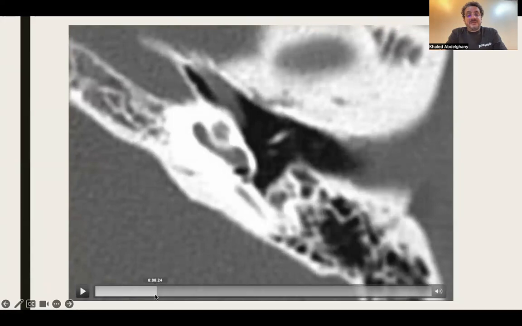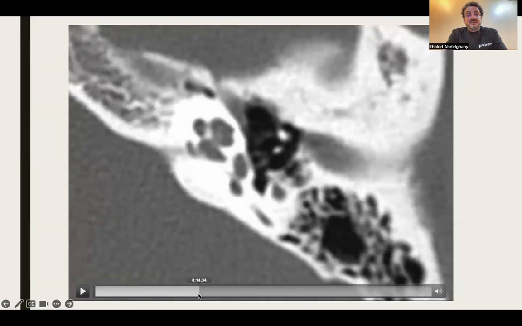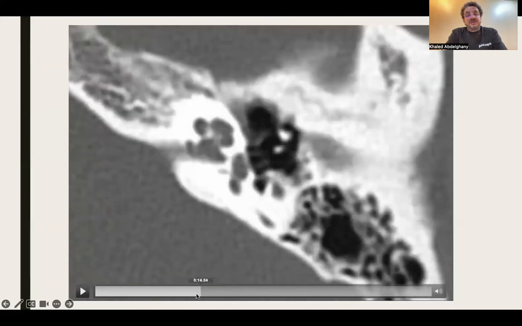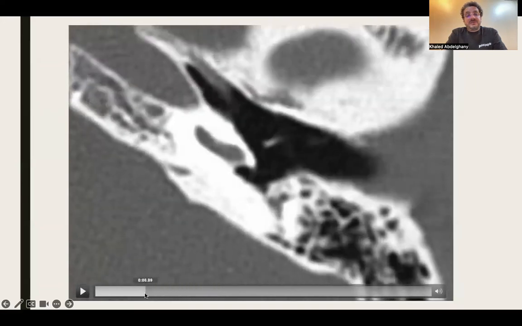The other structure is the modulus, the bony structure seen within the cochlear turns. Here we can see that line, bony spongiform bone within the cochlear basal turn.